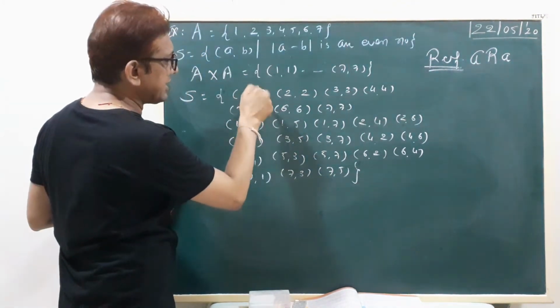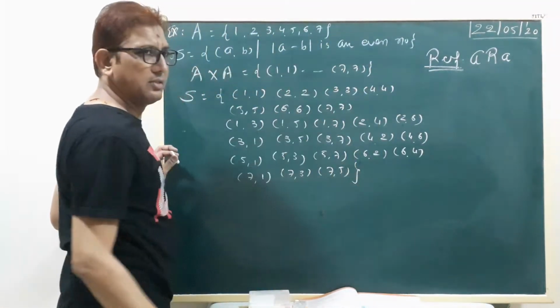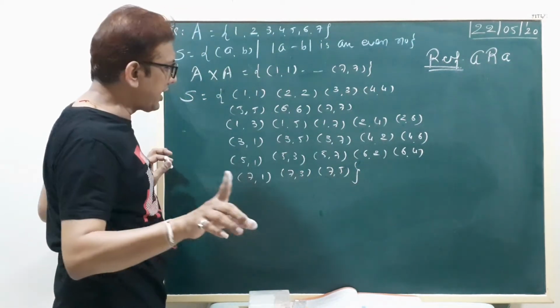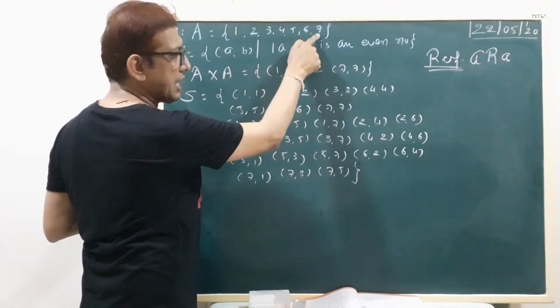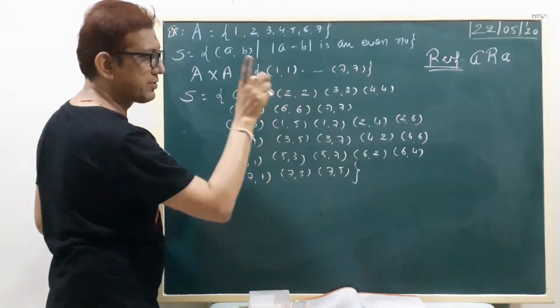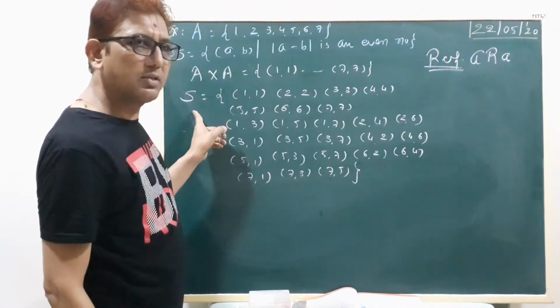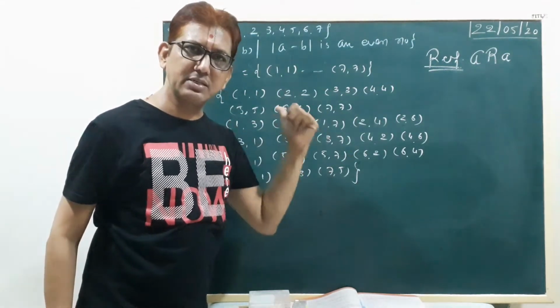So this set satisfies the reflexive property. Here we start from 1 up to 7, so (1,1) through (7,7) are compulsorily included in this set. So we must say that this relation satisfies the reflexive property.